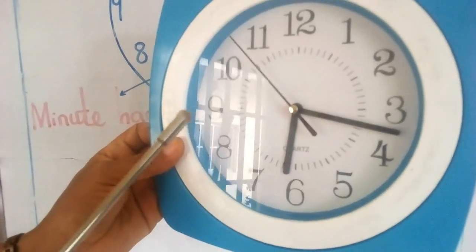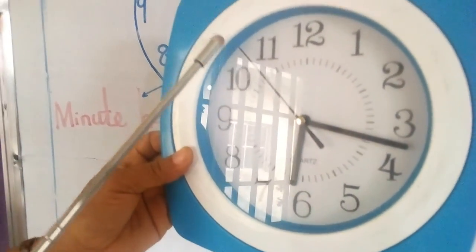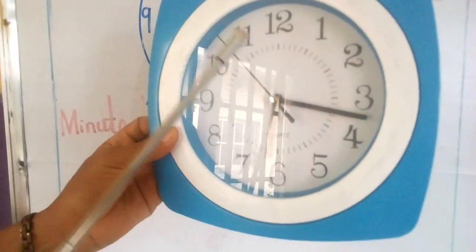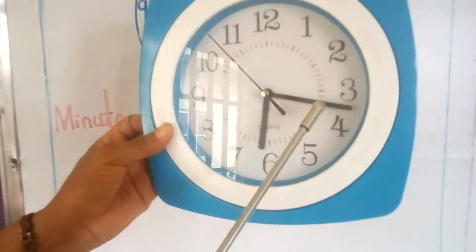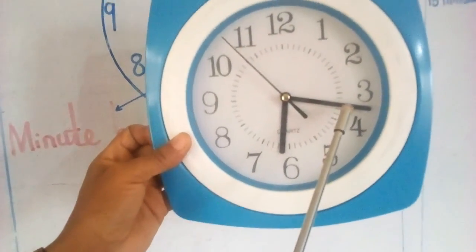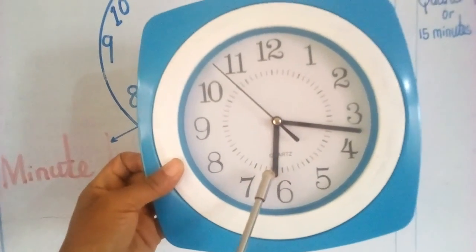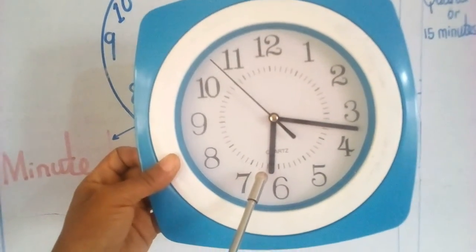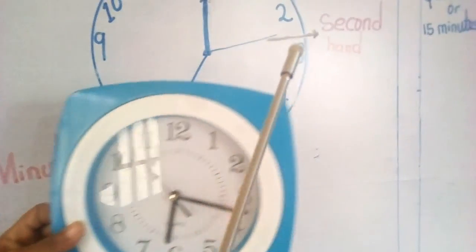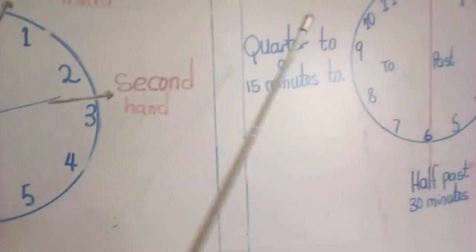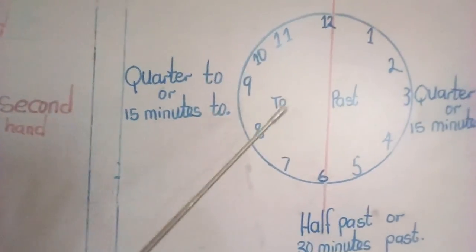The slim and longest hand is the second hand. And the longer hand is called the minute hand, while the shorter hand is called the hour hand.